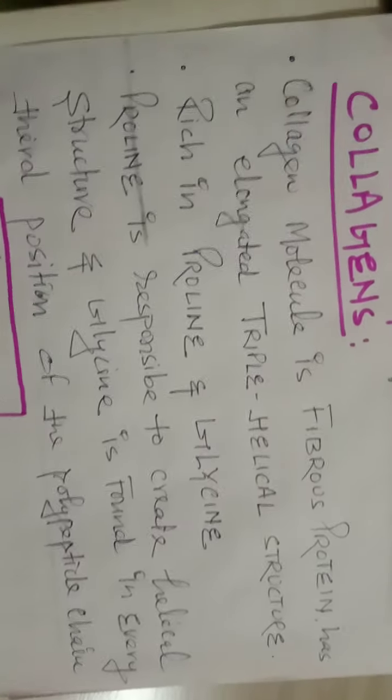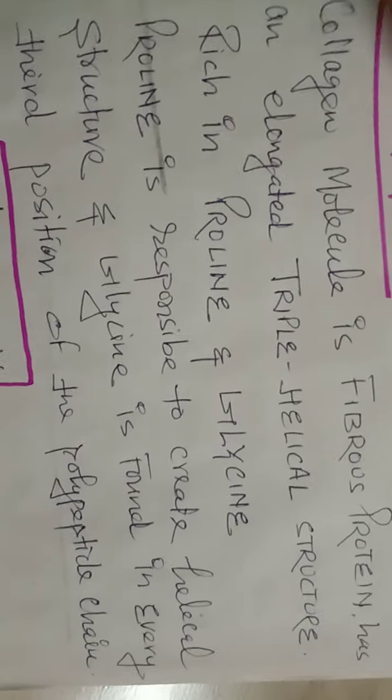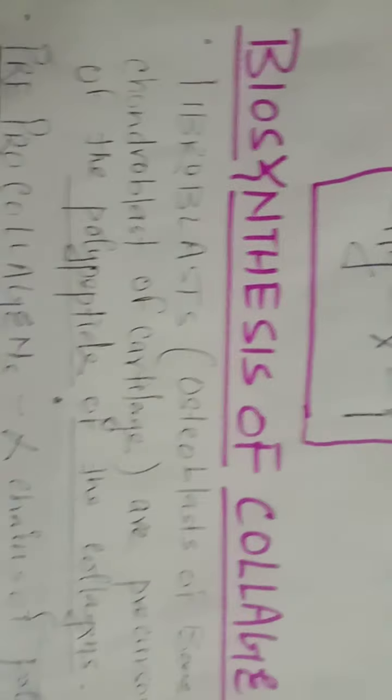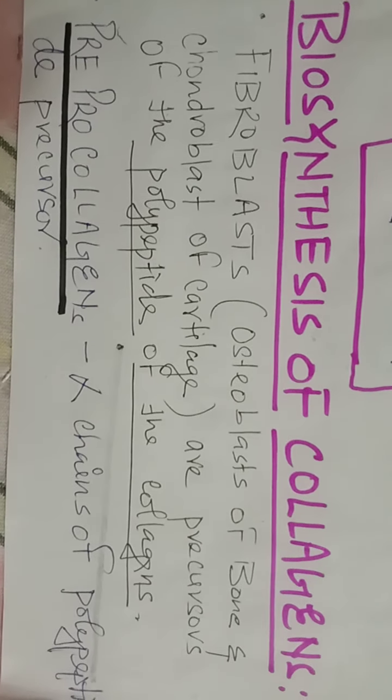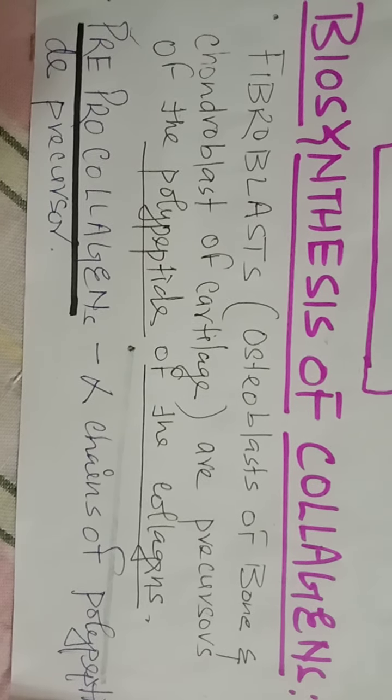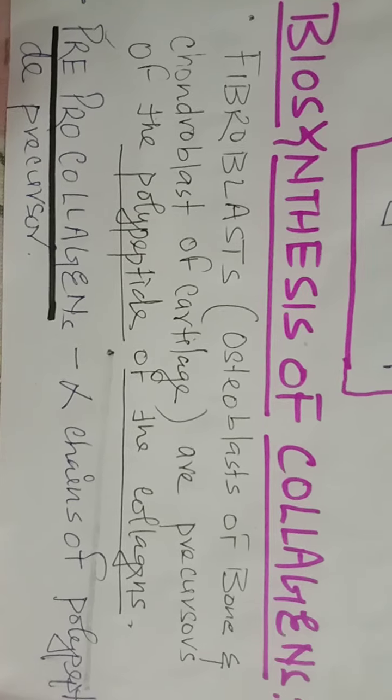biosynthesis of collagen. If someone is asking what is the anabolic part of the collagen, that is the biosynthesis of the collagen. Now, if biosynthesis will take place, it means what?